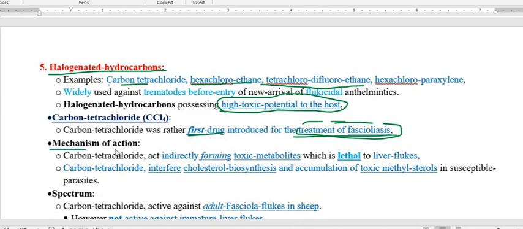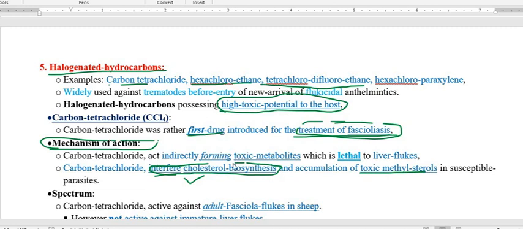Regarding the mechanism of action of carbon tetrachloride, the drug mainly interferes in cholesterol biosynthesis. When carbon tetrachloride interferes with the cholesterol synthesis of the susceptible parasite, the methyl sterol gets accumulated to a toxic amount, and therefore it leads to the killing of the susceptible parasite.